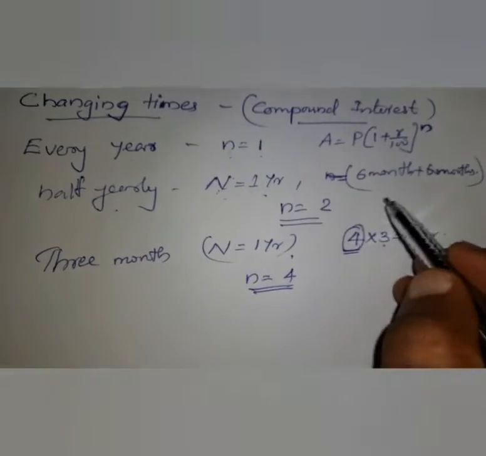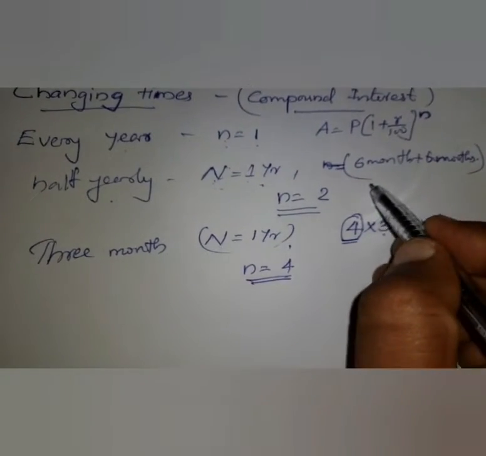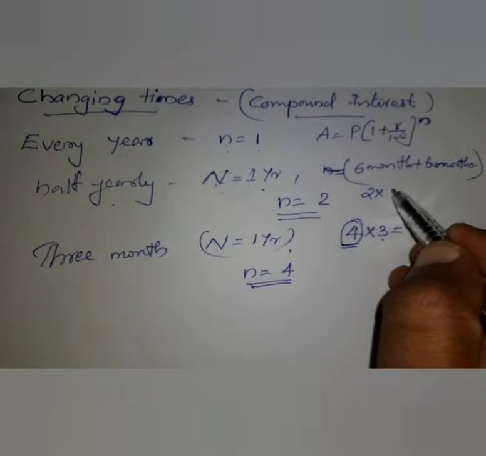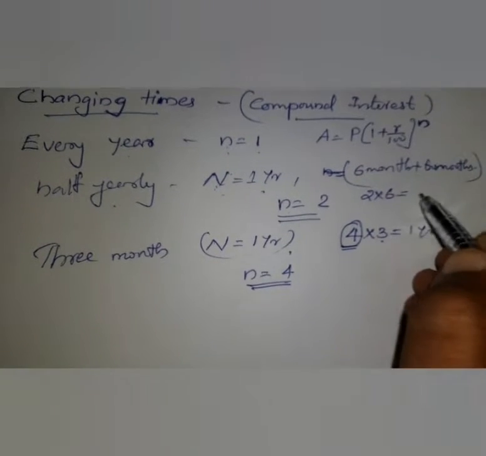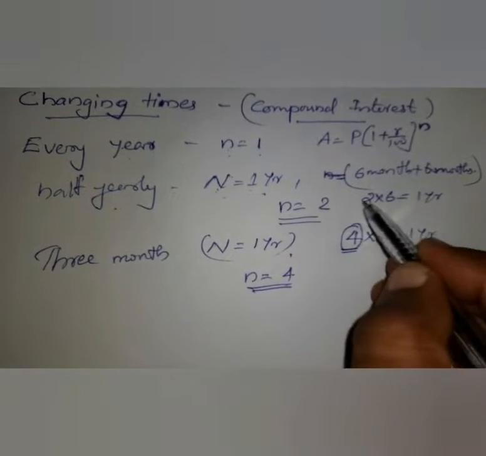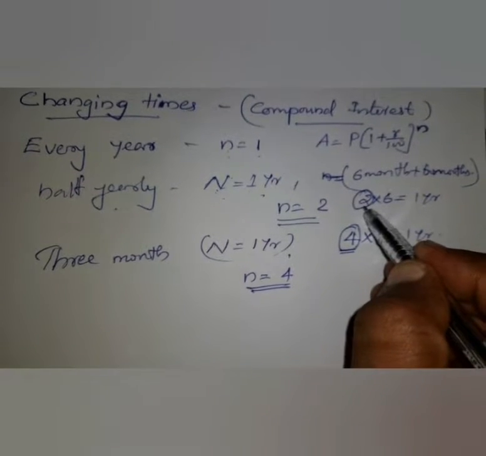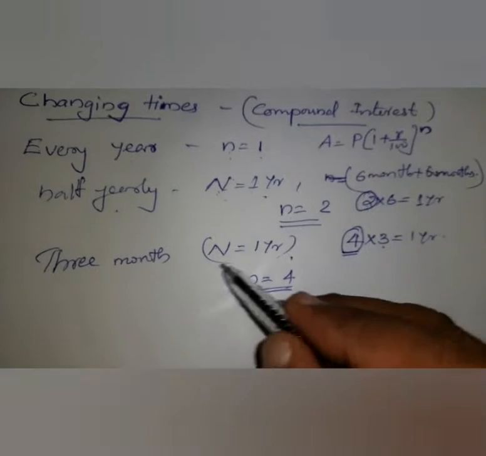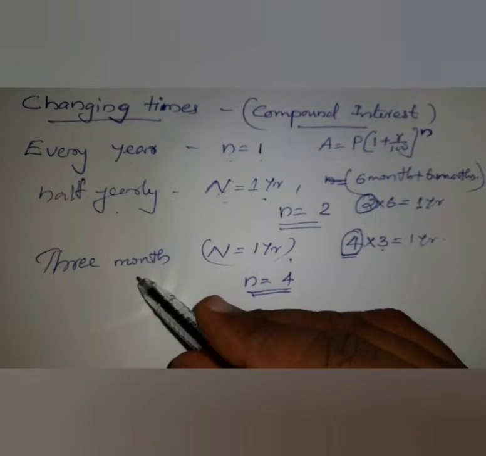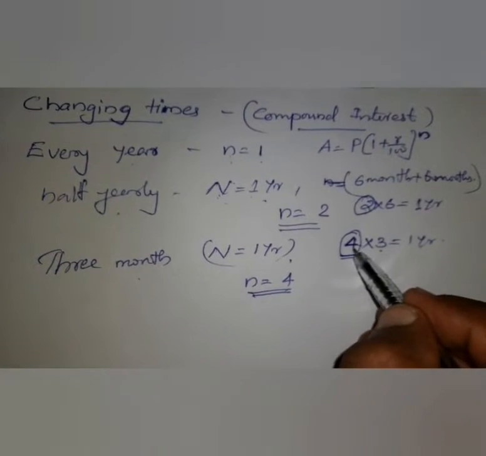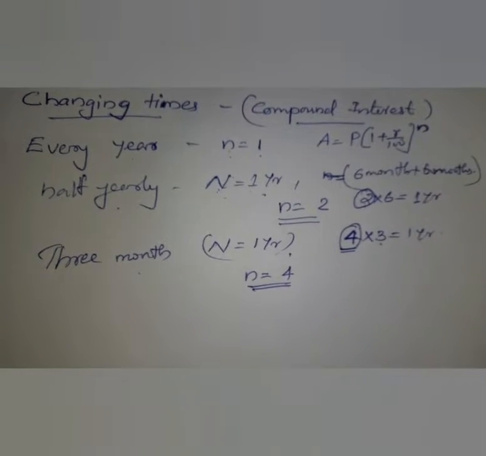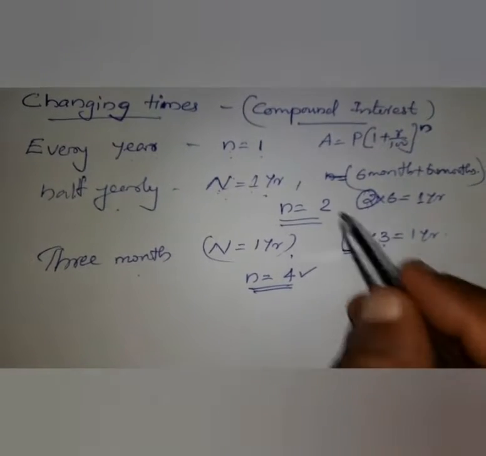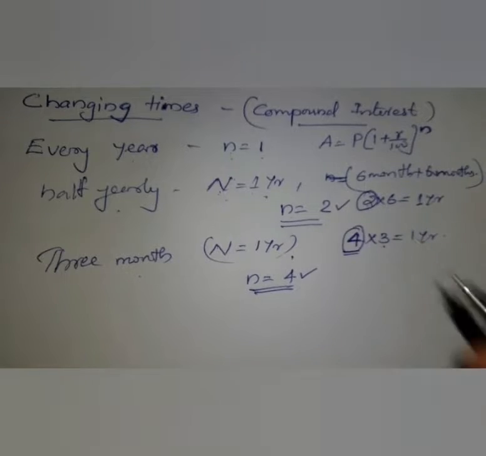Half yearly, it is 2 times, 2 into 6, that is 1 year or 12 months. If every 3 months interest is calculated, it means 4 times it is calculating. Remember that one. Small n is 4 times for quarterly. Here half yearly, small n is 2 times.